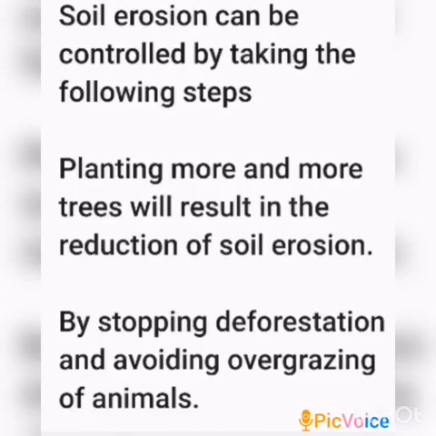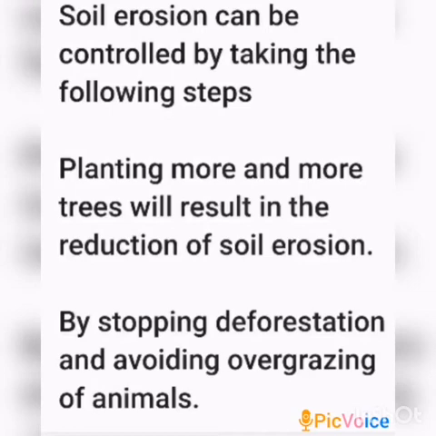Then, how could soil erosion be prevented? Soil erosion can be controlled by taking the following steps. What steps should be taken to prevent soil erosion, children?